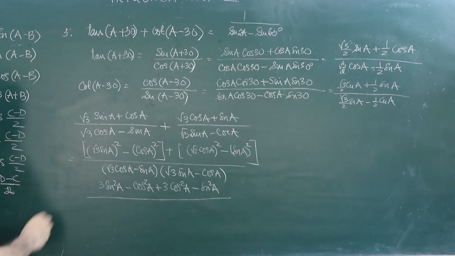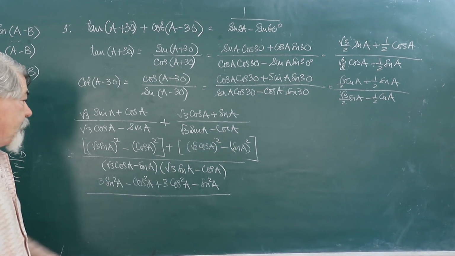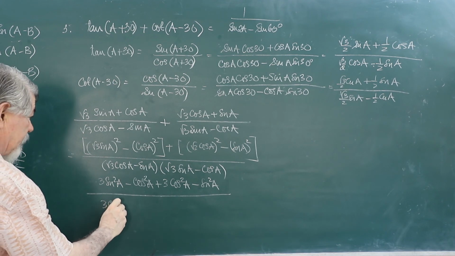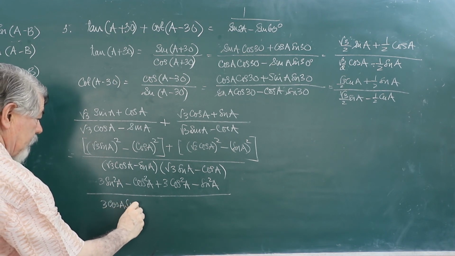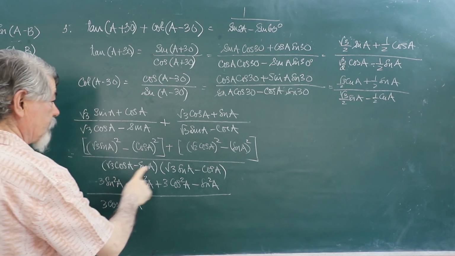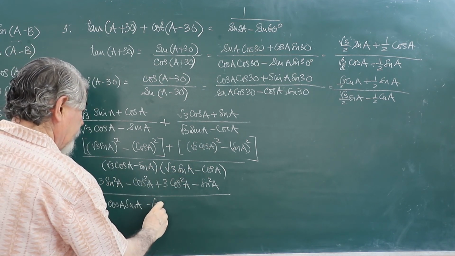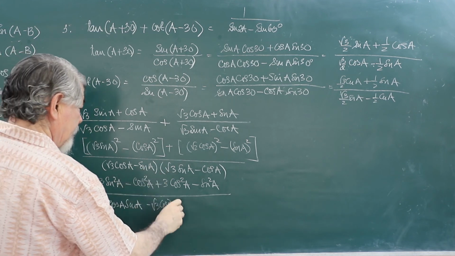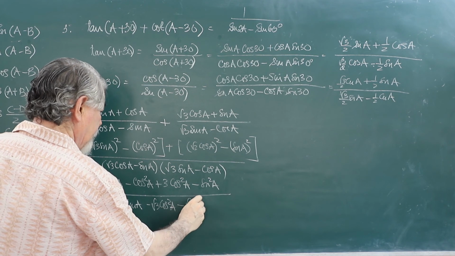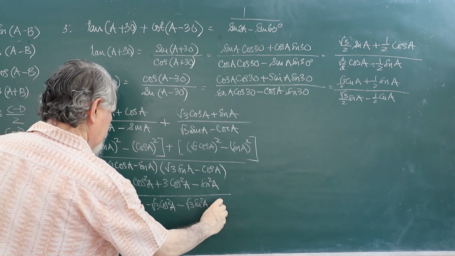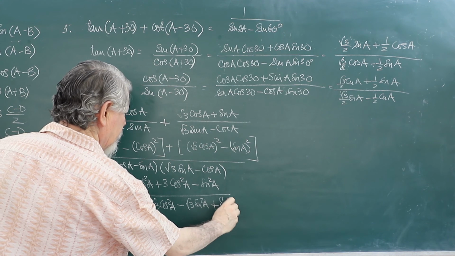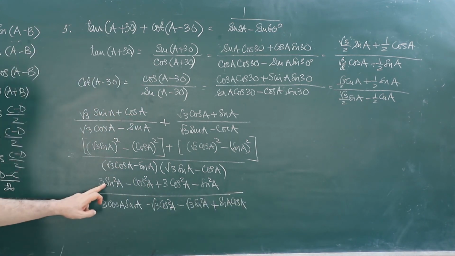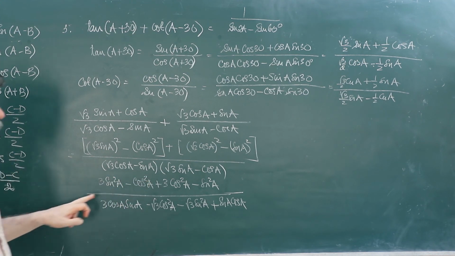Now I have to solve the denominator. Let us multiply this. Root 3 cos a into root 3 sin a will be 3 cos a sin a. Then root 3 cos a minus cos a will be root 3 cos square a. Minus sin a, this minus root 3 sin square a plus sin a cos a. Now I'll take 3 common out of these 2.